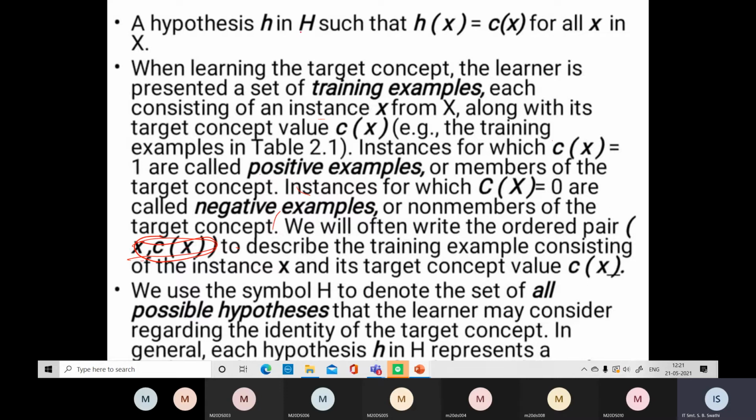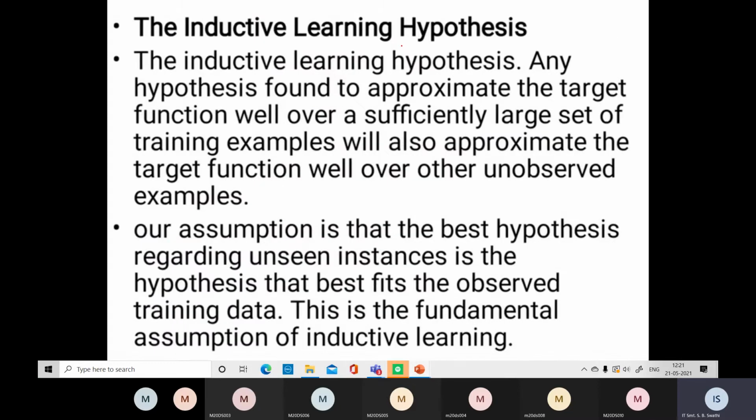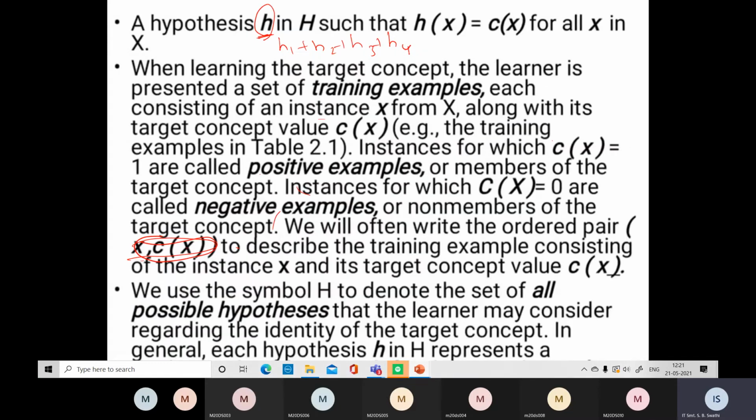For each row of data, we will generate this hypothesis h. Suppose you are giving 10 inputs. For all the 10 inputs, you will get 10 hypotheses. So 10 output predictions you will get. Some may be positive prediction, some may be negative prediction.